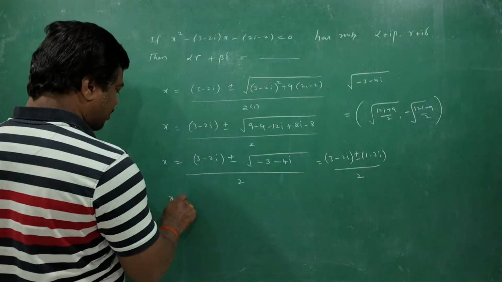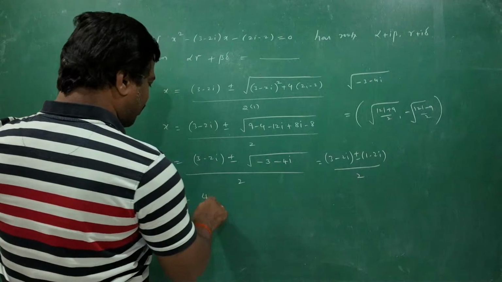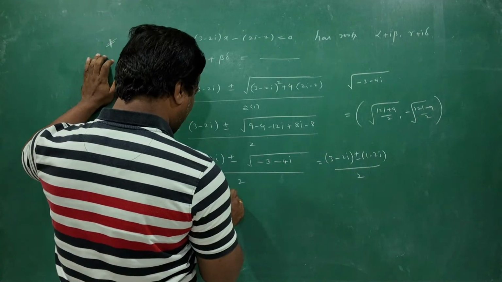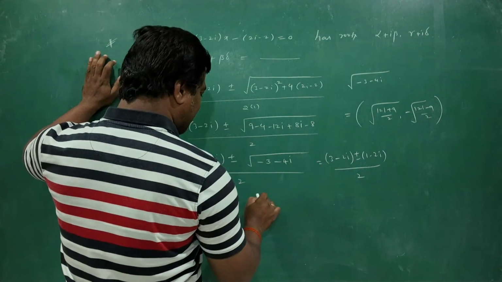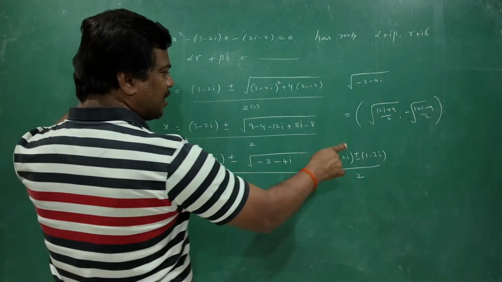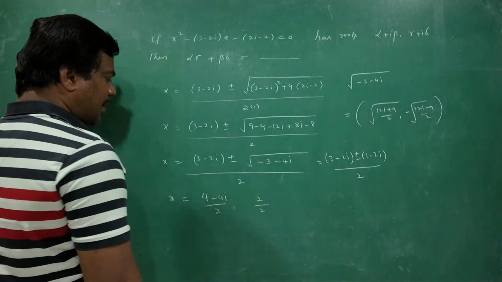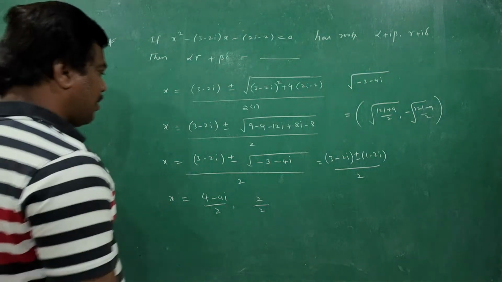So it gives two values. One is 3 plus 1, 4, minus 2i minus 2i, minus 4i by 2. Second one, 3 minus 1, 2, minus 2i plus 2i gets cancelled, by 2. So that 2 minus 2i is one value as well as 1.